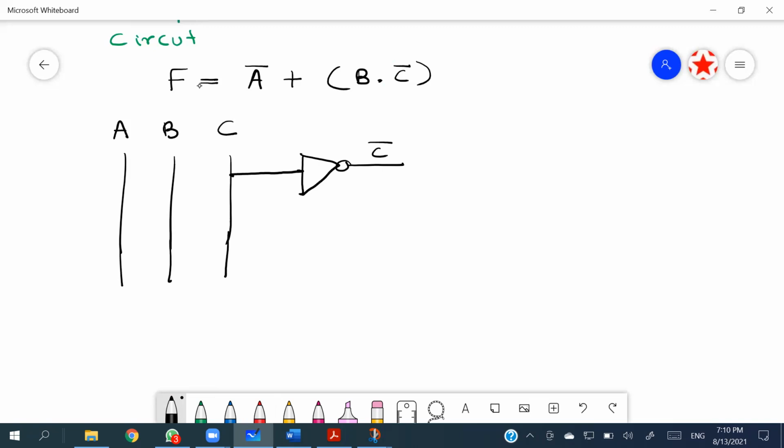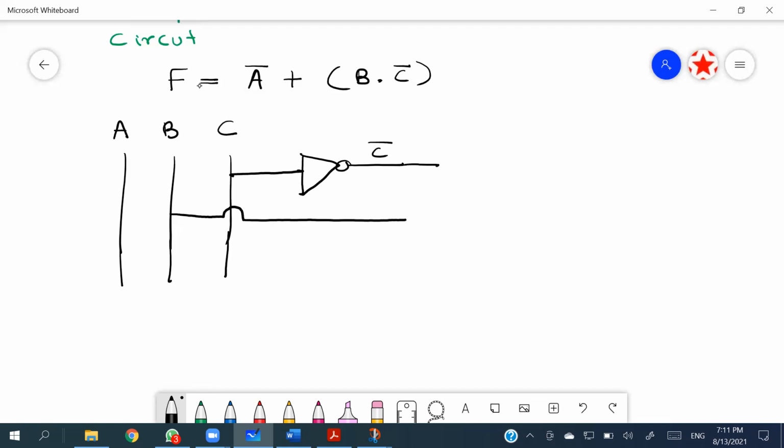We are still inside the brackets. We have a dot, that means the AND operator, in between the letter B and C bar. We have created C bar over here, so we need B now. We can take B. If we are trying to cross a line, we just jump over it.